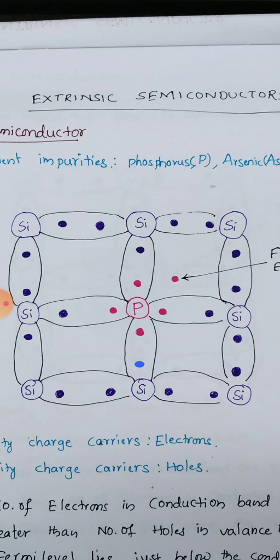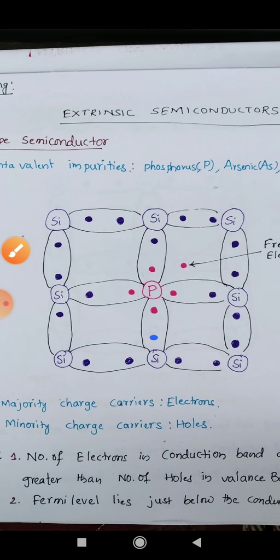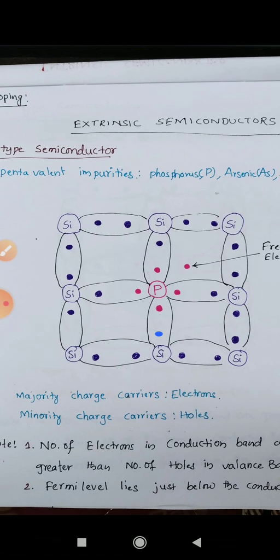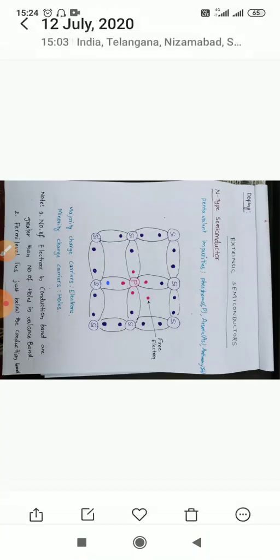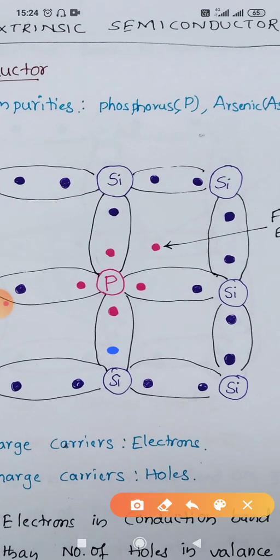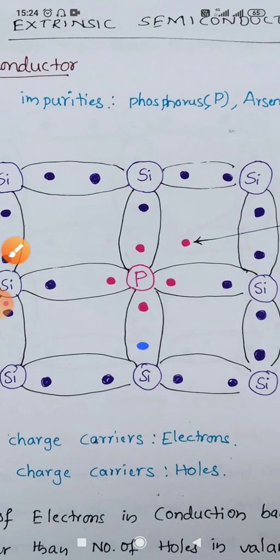These free electrons are called donor electrons, because phosphorus is ready to donate this electron, to give away its electron, because giving away this electron makes it stable as four bonds are fulfilled. That is why these electrons are called donor electrons, and these impurities are called donor impurities.